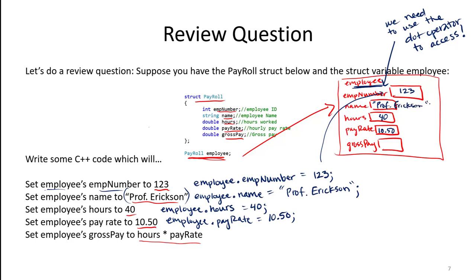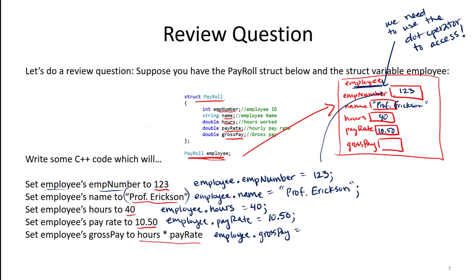And how about this last one? Here I want to set gross pay to be hours times pay rate. Can I just go like this? Would that work? Yeah, not quite, right?